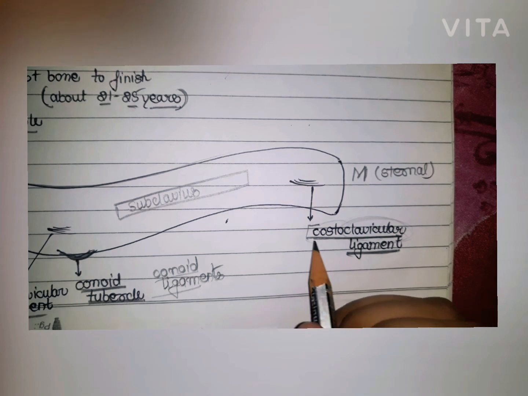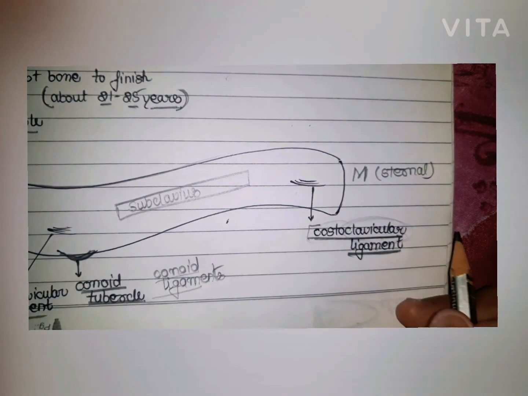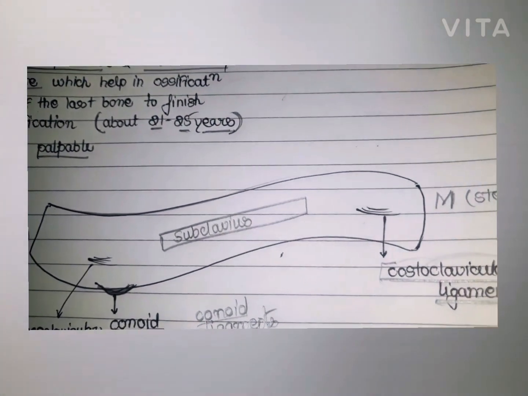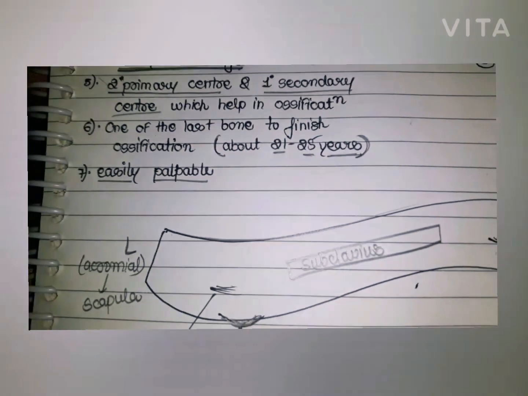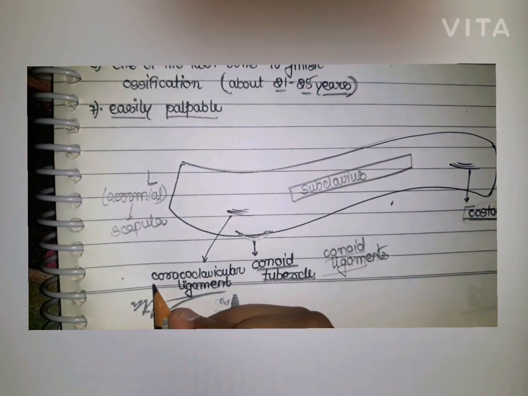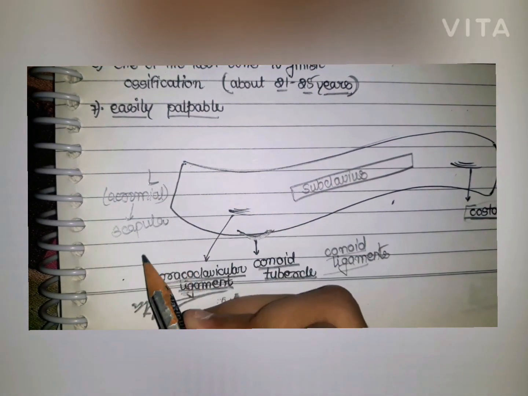So this ligament connects the clavicle bone to the ribs or to the sternum, and assists in the attachment of the clavicle to the sternum. And in the lateral end we have the coracoclavicular ligament, which assists the acromioclavicular joint.